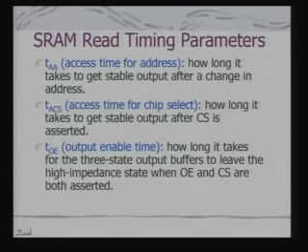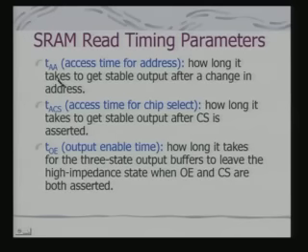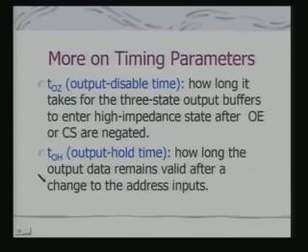So you have found that I have now refined the definition of access time. The access time definition now we are providing with respect to address as well as with respect to chip select, and a parameter is being defined with respect to the output enable signal as well. This is the TOZ, which is output disable time.